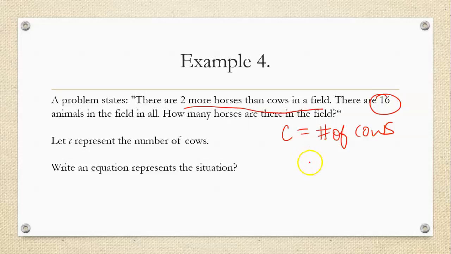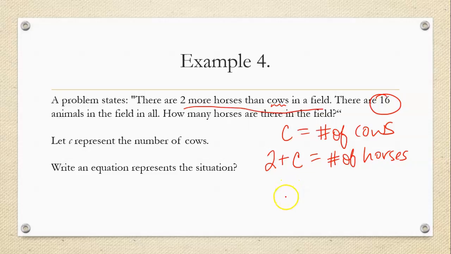And the number of horses is 2 more than the cows. How can we write 2 more than cows? We know cows is C, so 2 more than that would be 2 plus C. You could also write C plus 2.